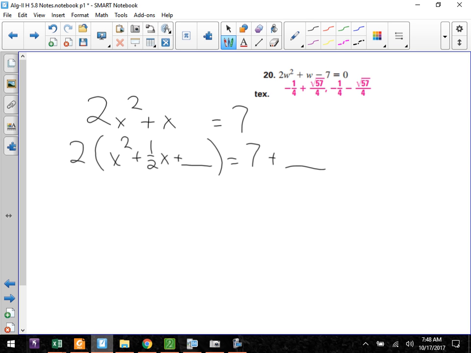A 4. So our term is going to be x plus 1/4. I square it, I'm going to get a 16th. But when I have this here, I got to put this 2 times the 1/16th there.